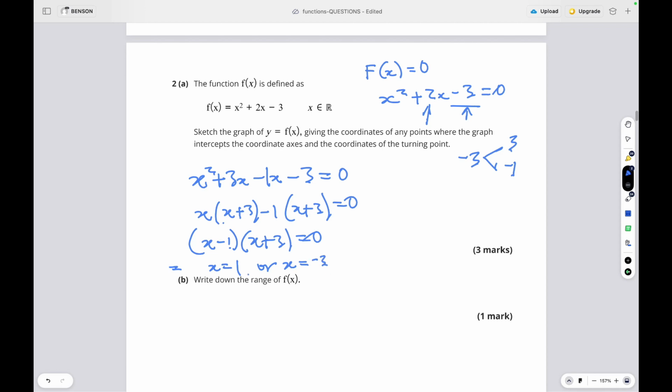So these are the two points, x equals 1 and negative 3, where the graph of this quadratic equation cuts the x-axis. So we've got two things now.